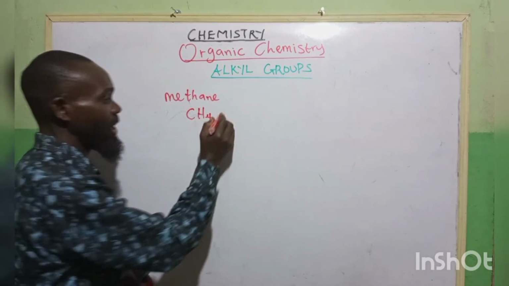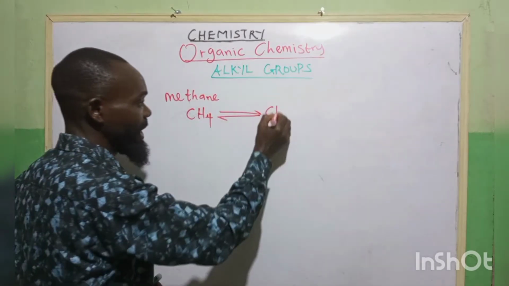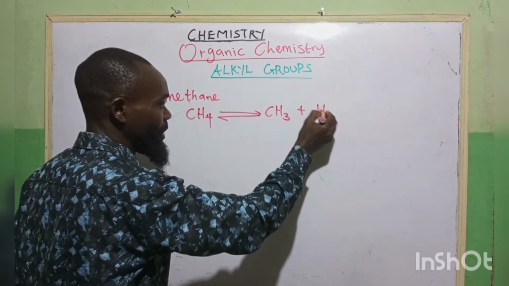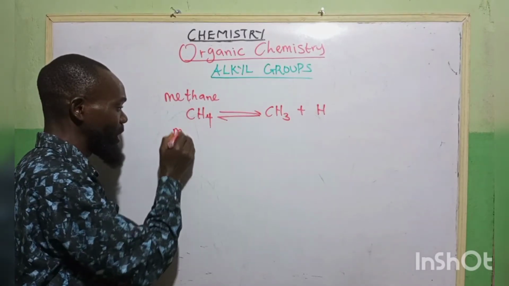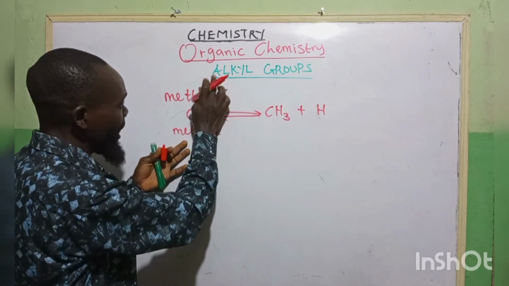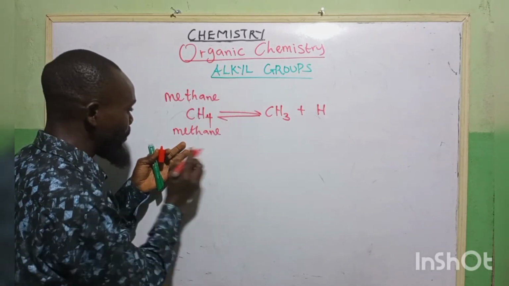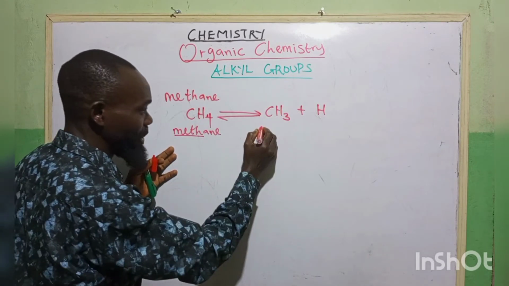When methane loses a hydrogen atom, it forms CH3 plus H. Now, when we remove ALK and put METH here, we form what? Methyl. So this is methyl.